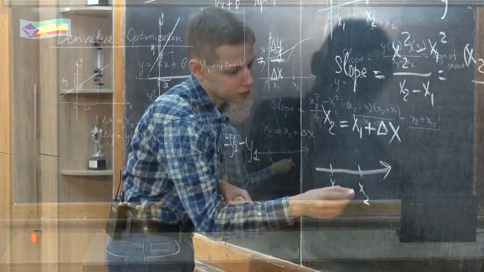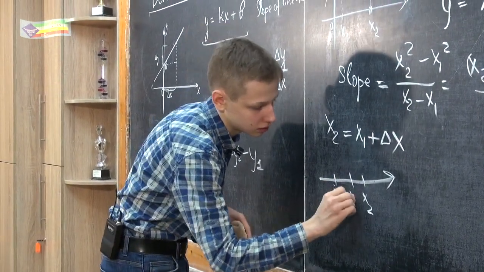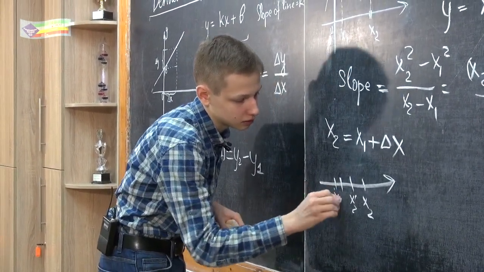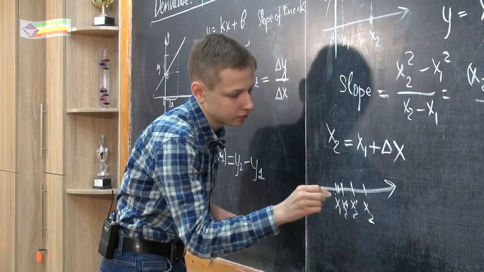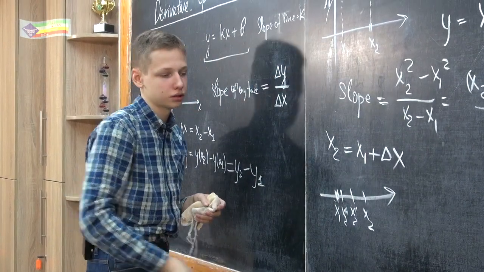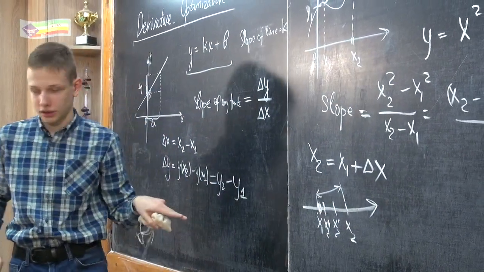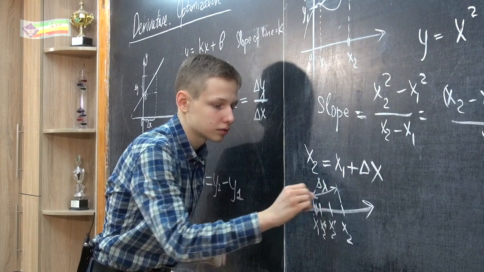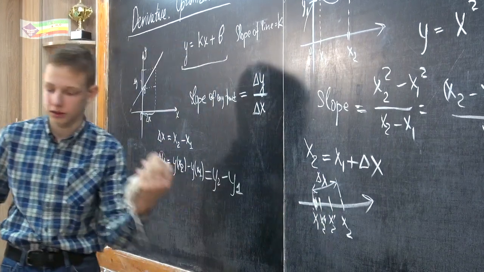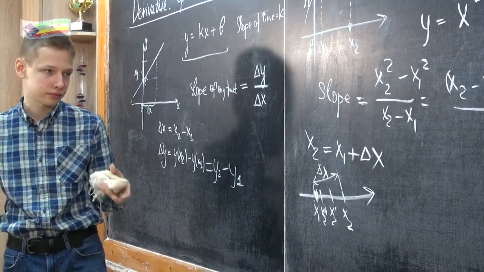So this is our first, then this is new x2, and then it's getting closer and closer. And the distance between these 2 points is equal to delta x, and delta x is actually getting to 0.